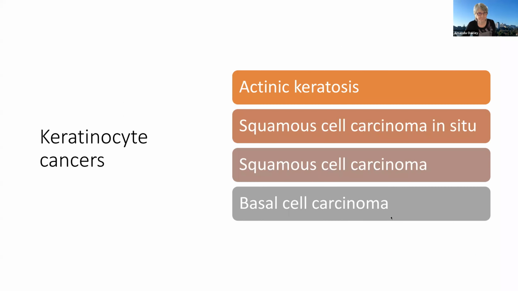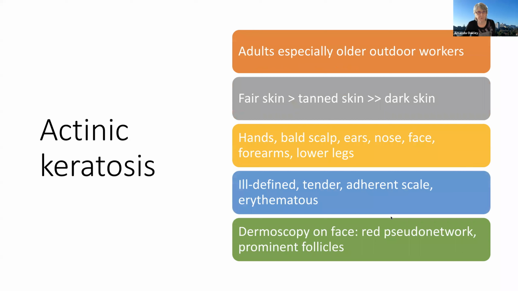Now, the cancers coming from the keratinocyte vary from the precancerous actinic keratosis, the in situ cancer squamous cell carcinoma in situ, invasive squamous cell carcinoma, or basal cell carcinoma.